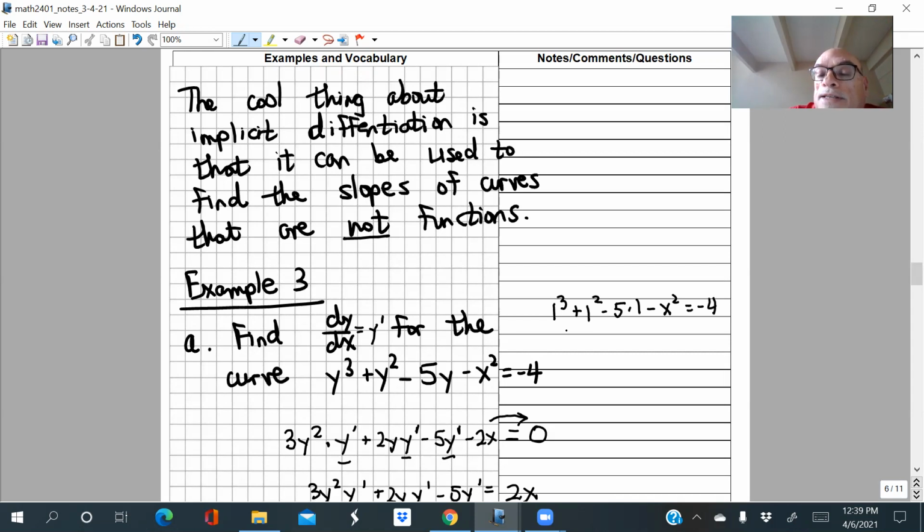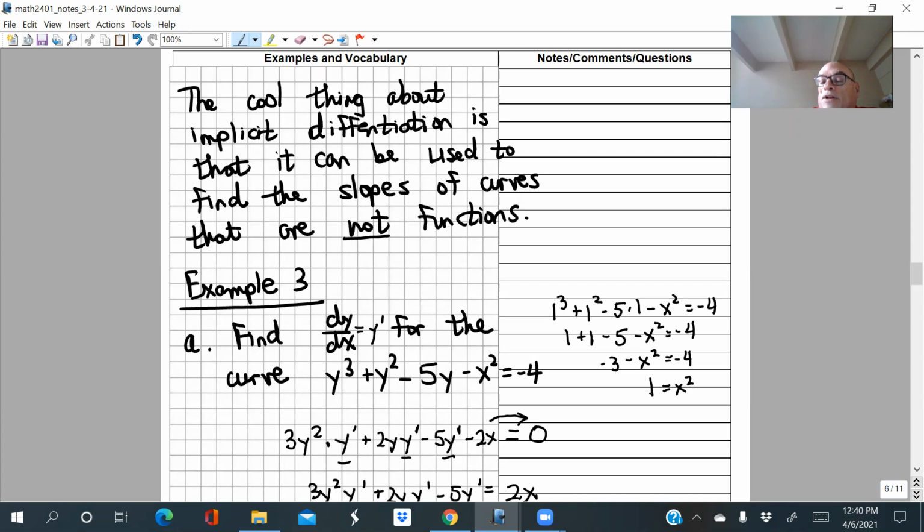Let's see, this is 1 plus 1 minus 5 minus x squared equals minus 4. 2 minus 5 is minus 3. Minus x squared equals minus 4. And now if you rearrange the terms a little bit, you end up with x squared equals 1.